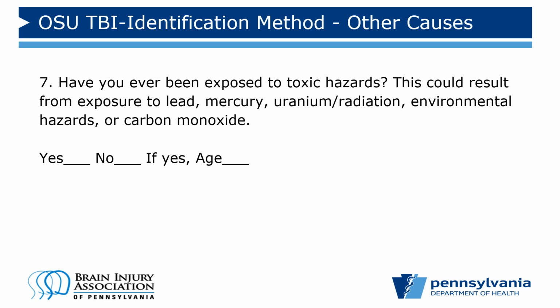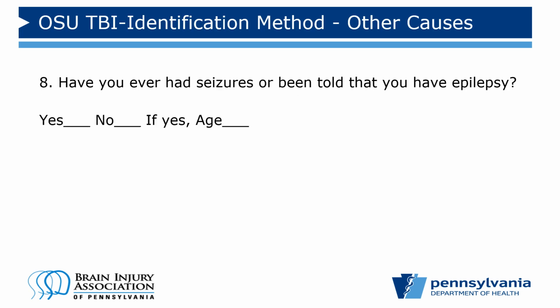This could result from exposure to lead, mercury, uranium or radiation, environmental hazards, or carbon monoxide. Again, we're going to record whether the answer was yes or no, and the age at which any event might have happened. The last question under non-traumatic causes is, have you ever had seizures or been told that you have epilepsy? Record the answer either yes or no, and of course, if the individual does have that history, you want to record the age at which either the diagnosis happened or they had a seizure.